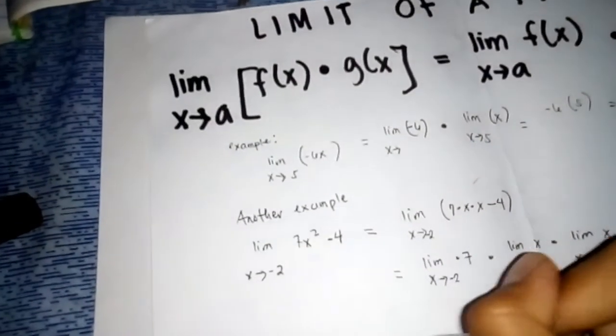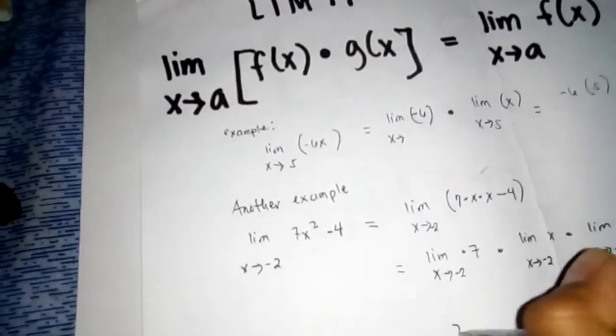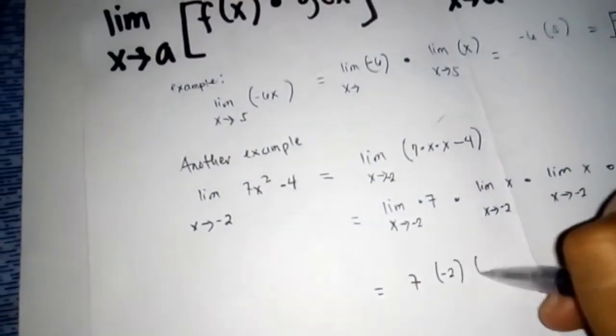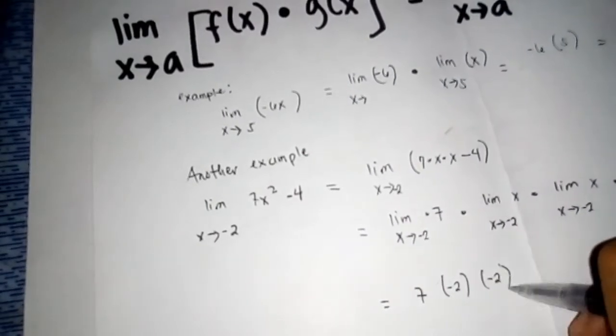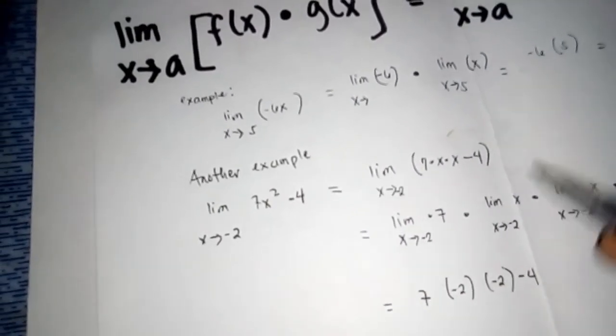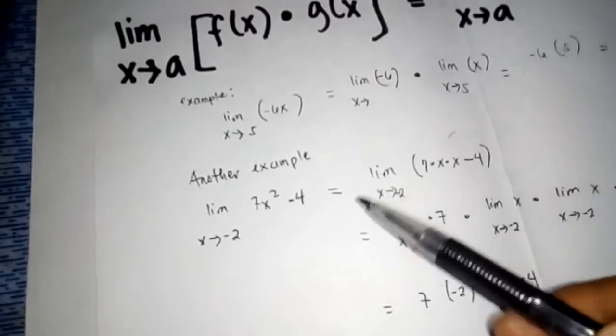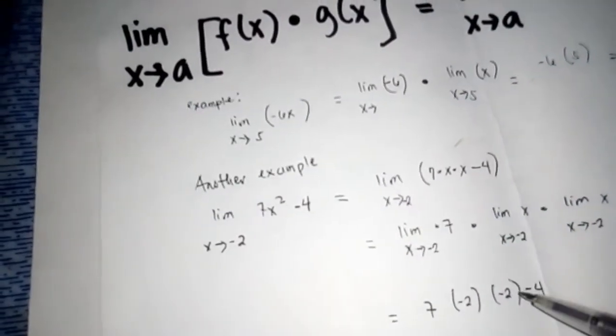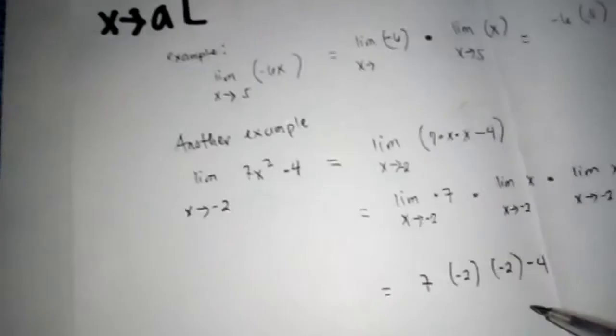So therefore, 7 times negative 2 times negative 2 minus 4. We have to substitute the x, which is negative 2.